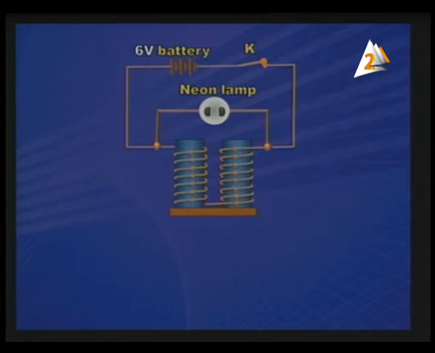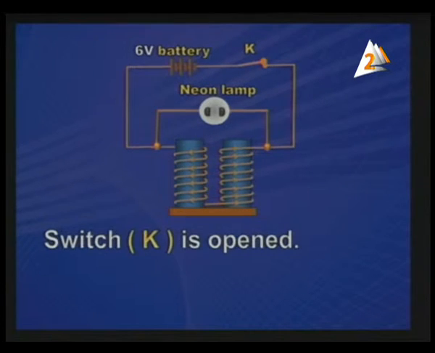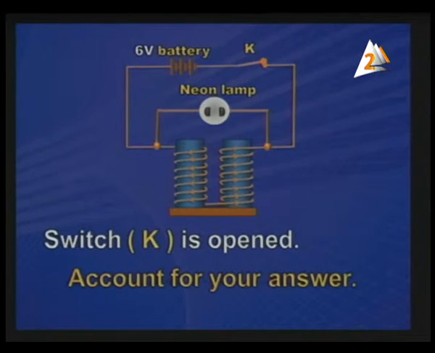It is an experiment to demonstrate self-induction. The circuit is closed, and we want you to mention what would happen if the switch is opened. And we want you to account for your answer, to justify your answer.